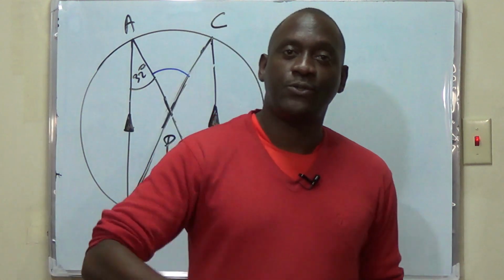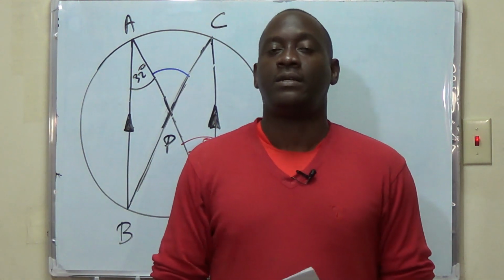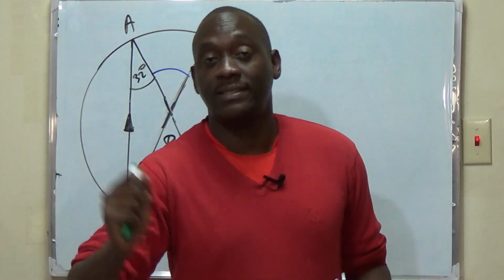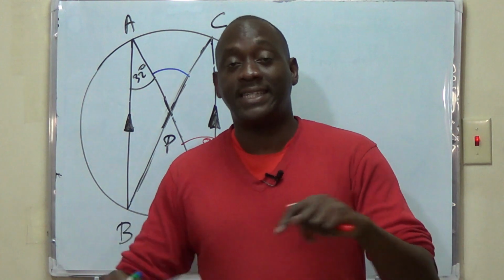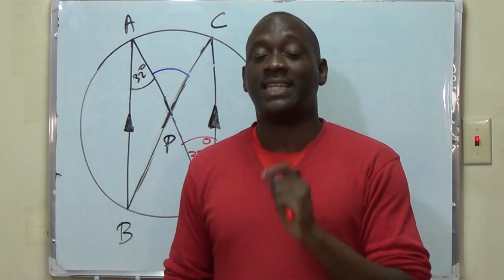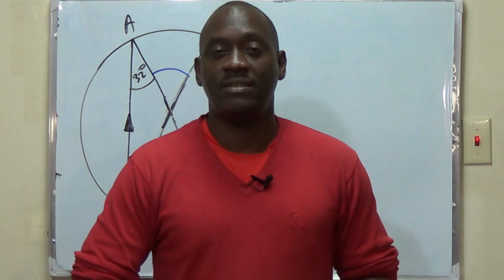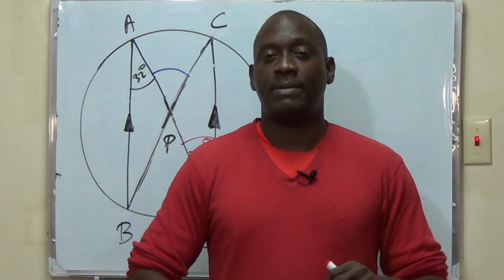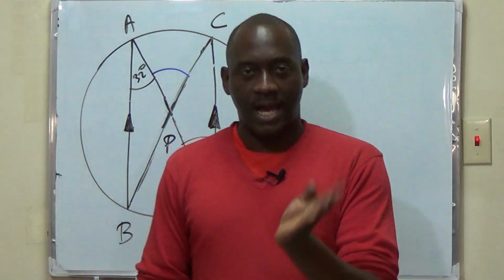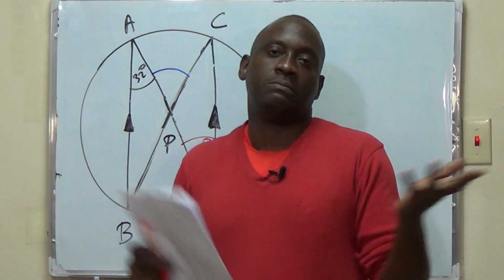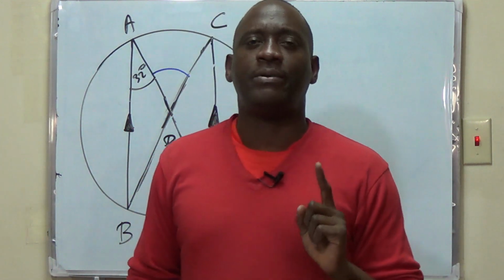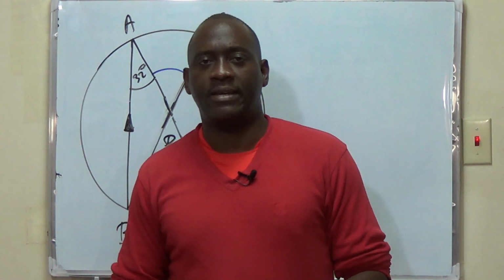You cannot assume that the angle is 90 degrees unless you see the little box in the corner, or unless they tell you the angle is 90 degrees, or unless they give you some other information that would lead you to the inescapable conclusion that the angle is in fact 90 degrees. Right? So you might be dealing with a square, you might be dealing with a rectangle, in which case the angle at the corner, the vertex, is 90 degrees. Good? So just be careful about that.